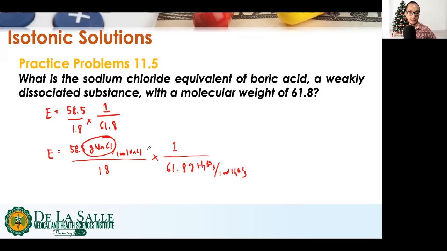Remember that the grams of boric acid is in the denominator. So the E value is actually the number of grams of sodium chloride equivalent to a gram of the boric acid. Let's compute: 58.5 divided by 1.8 divided by 61.8 is equal to 0.53.